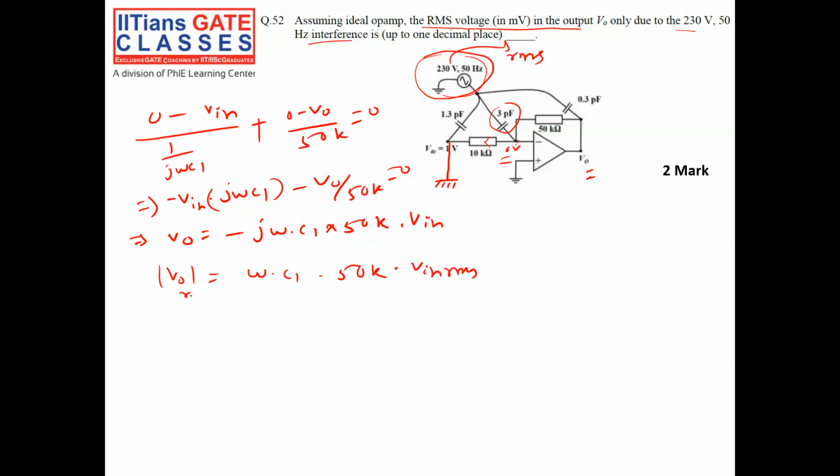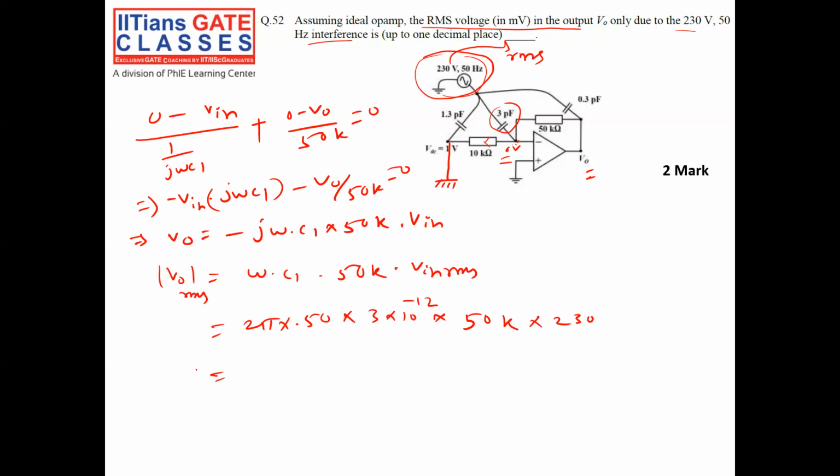V0 RMS is equal to omega, which is 2 pi into frequency, that is 50 Hz, C1 is 3 pico, 3 into 10 power of minus 12, into 50k, into the input RMS, which is 230 volt. If I apply input RMS, I will get the output RMS.